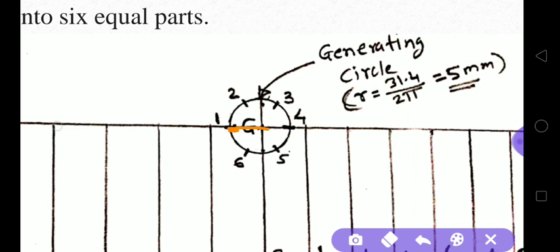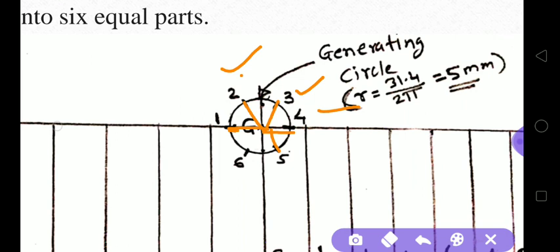From that 1 point, if you want to divide a complete circle into 6 equal parts, then 360 divided by 6 gives 60 degrees each angle. Therefore from this 1 point, make an angle of 60 degrees and mark that point as the second point. Again from that second point, mark a 60-degree angle, this will become the third point. Again from the third point, mark a 60-degree angle, this will become the fourth point.